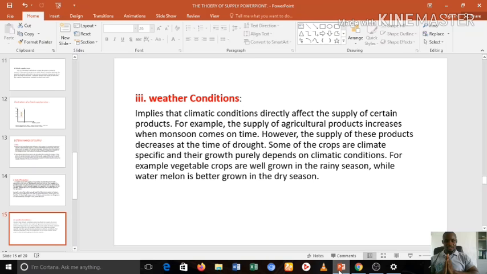And if the crop doesn't do well, of course, it affects the productivity of that crop. By affecting productivity negatively, there will be a fall in production, and automatically a fall in the supply of that particular product in the market at that time.